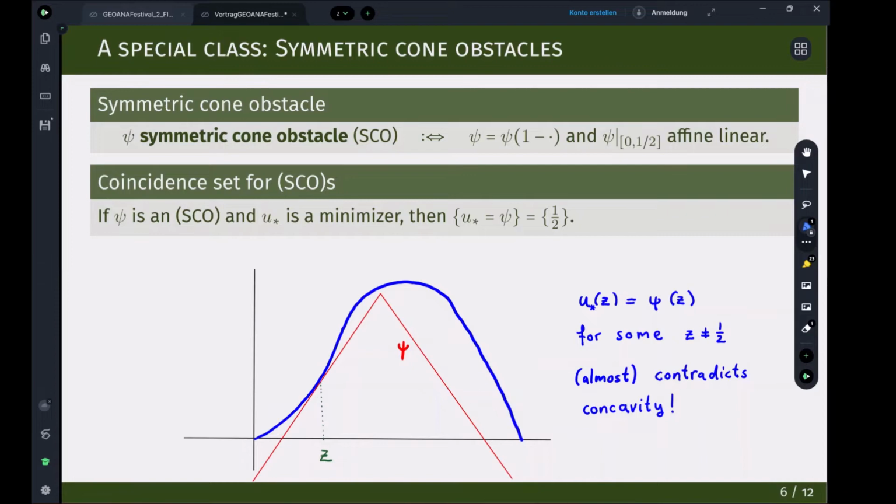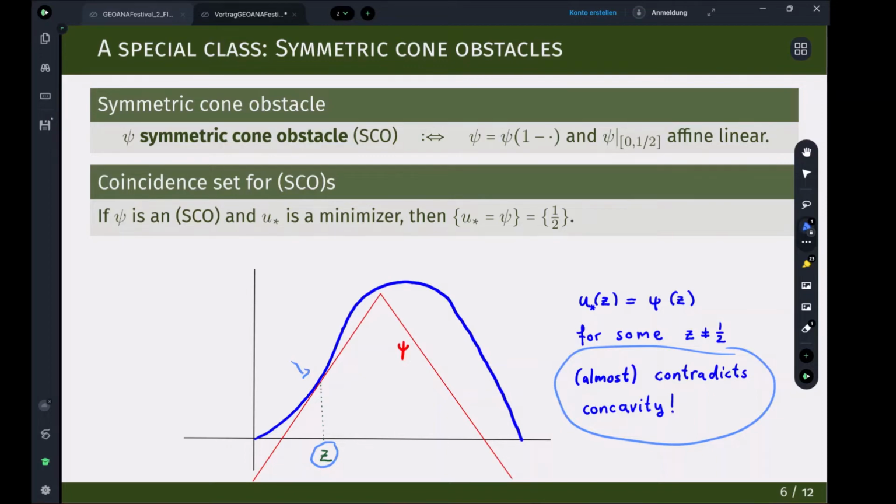And why is that? Well, if I would touch the obstacle somewhere other than the tip, then this will almost contradict the concavity, because if I touch a line from above, I need to do it in a convex way. So that one can maybe see here a little. And this cannot be true if the minimizer is supposed to be concave.